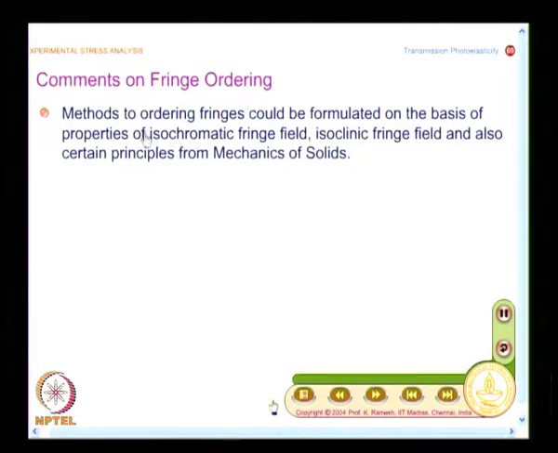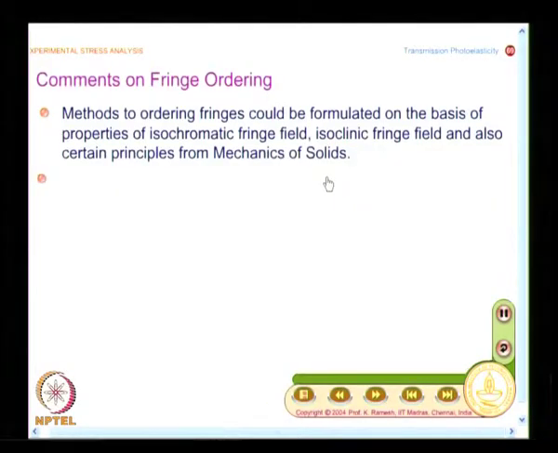And certain aspects could be understood if you look at properties of the isochromatic fringe field and also properties of the isoclinic fringe field, and you can get some kind of help from principles of mechanics of solids.